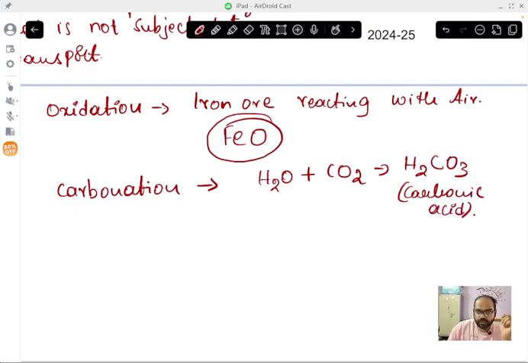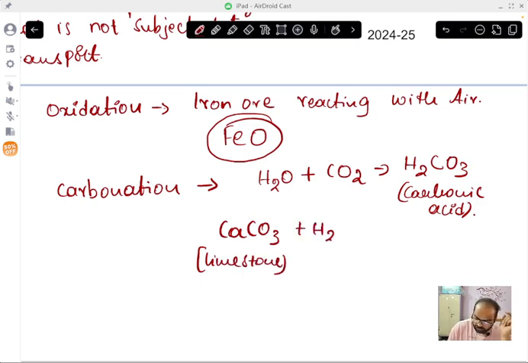Okay, and this carbonic acid, when it reacts with calcium carbonate, that is limestone, it results in the formation of calcium bicarbonate.